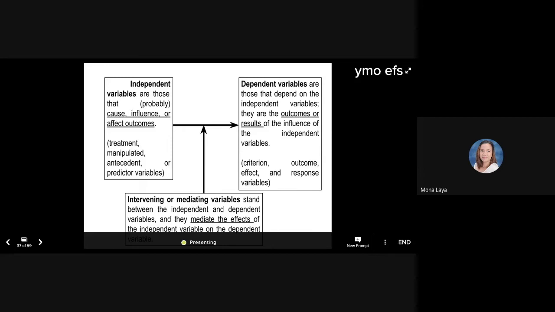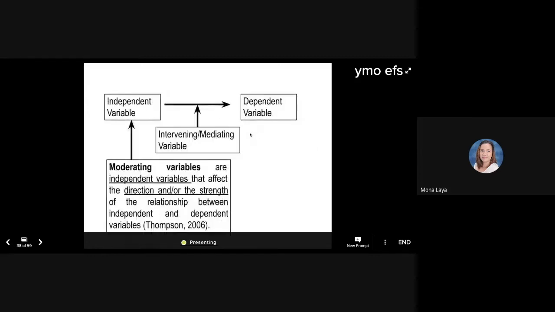The mediating variable will actually tell us about the relationship, the possible relationship of the IV to the DV. Si moderating variable is dito because the moderating variable according to Creswell is an IV. Okay? It would actually tell the strength of the relationship of the IV to the DV. Okay? So si moderating is an IV. Si mediating actually is an intervening variable.